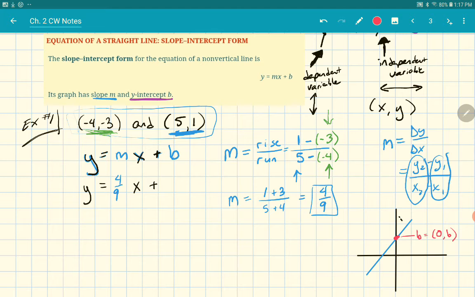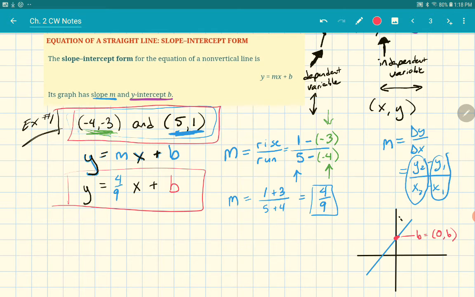So let's find b. I know that this equation will hold true for every x and y value. So my task now is to figure out what b will work. And I know that I have a point on the line, so I'm going to plug that point in. I'm going to do that off to the side here so that I don't interfere with my generic equation.